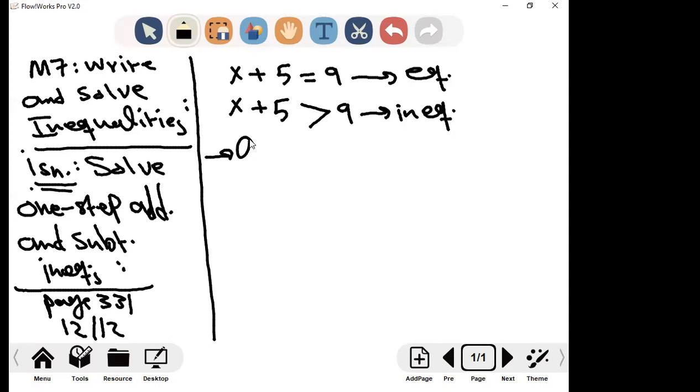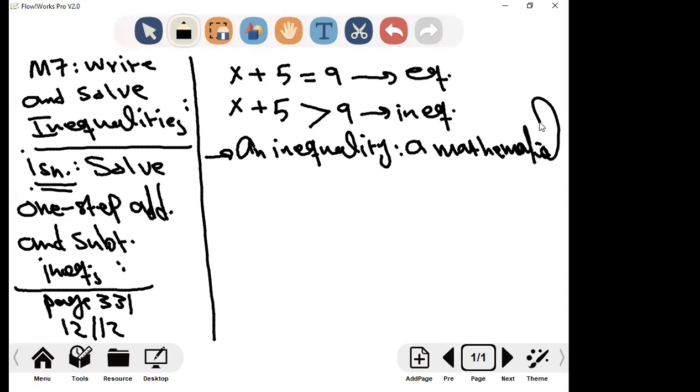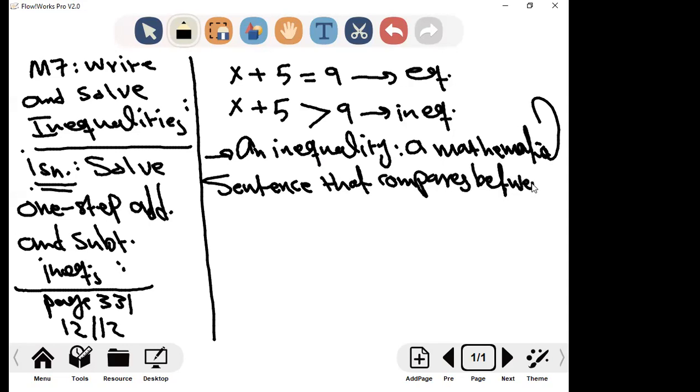So an inequality is a mathematical sentence that compares between two quantities.